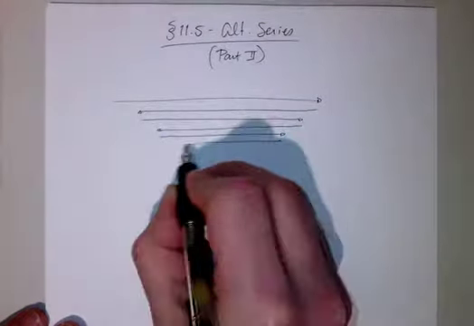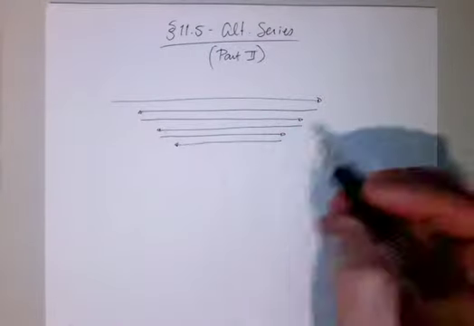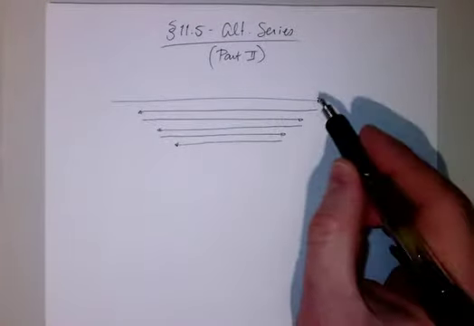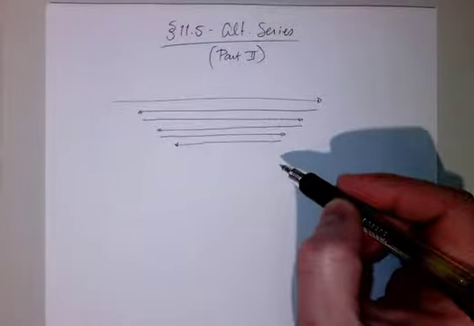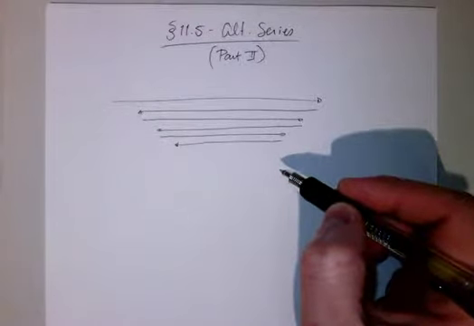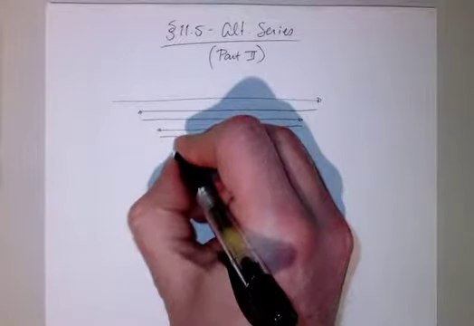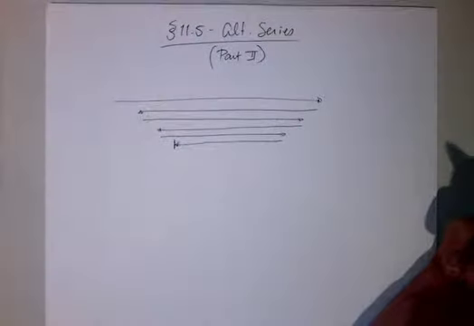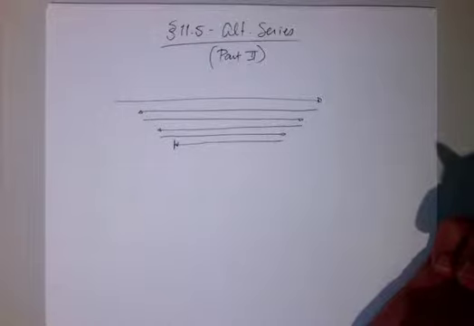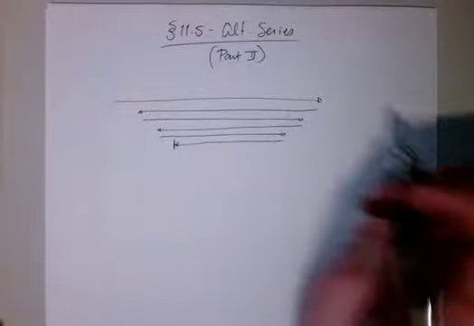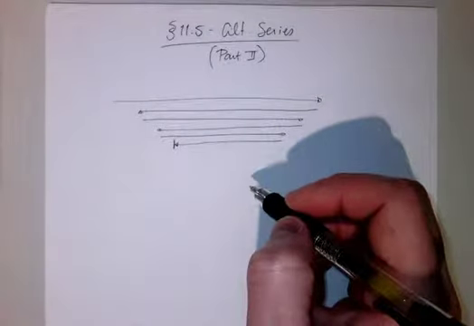Well, here's the thing. Let's say we stop right here, and this is, of course, after six terms. So this would be a partial sum. So basically, this endpoint right here would be a partial sum for this alternating series.